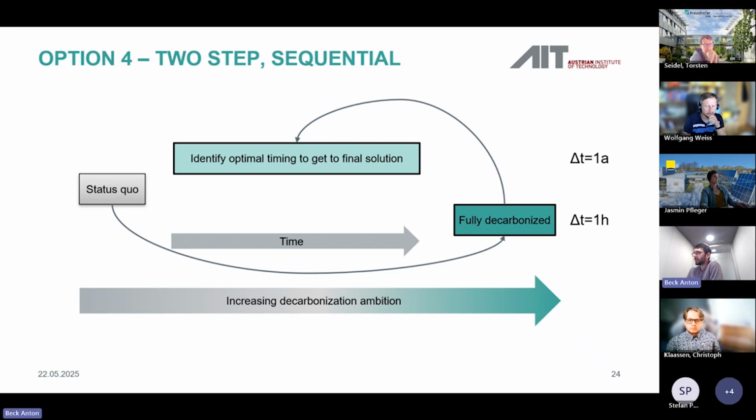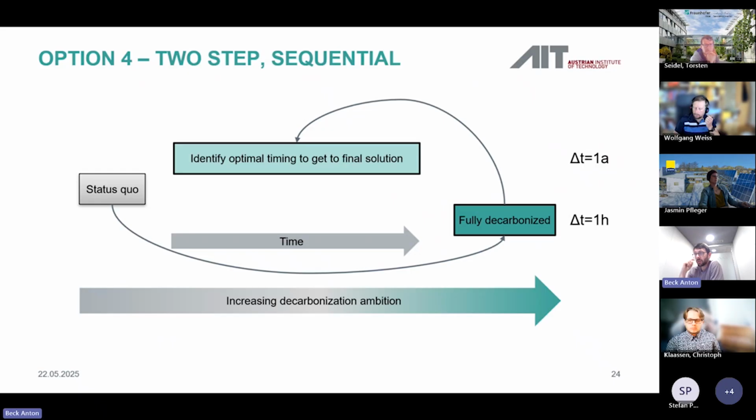Then we tried to do something similar as with the pharmaceutics case, but we wanted to identify actual timings of investments. So here, similar approach. We calculated the fully decarbonized system and then restricted the solution space in between to those capacities.